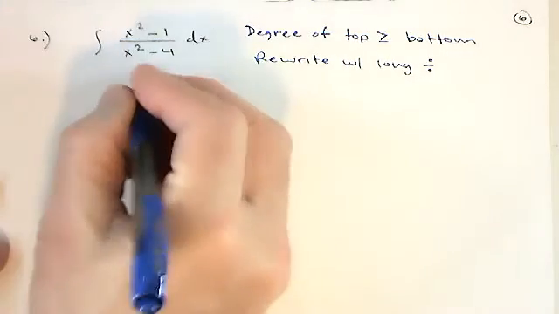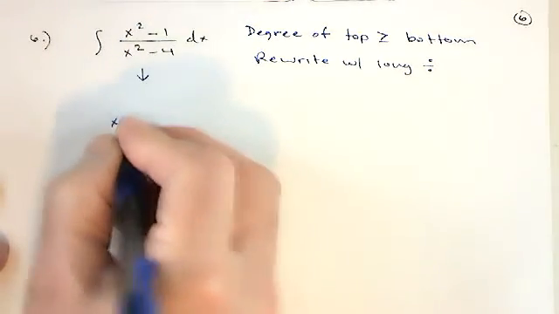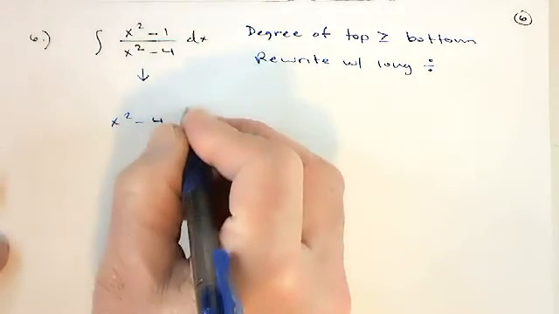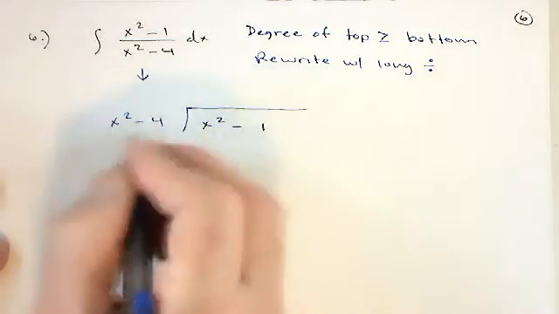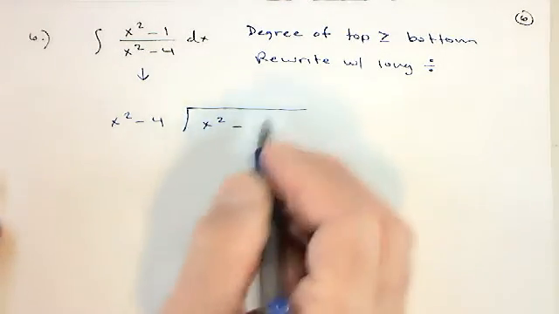So here, I'm going to have to take x squared minus 4 divided into x squared minus 1. This isn't even really a long division. It's a kind of a short division.